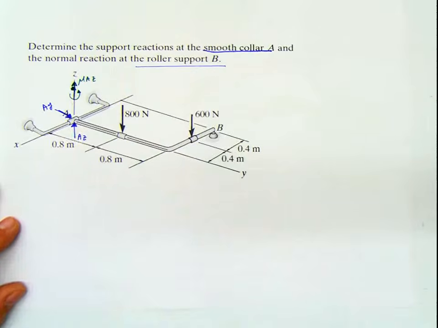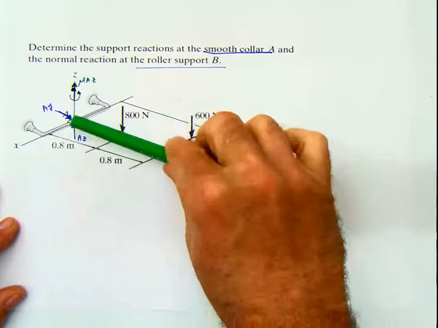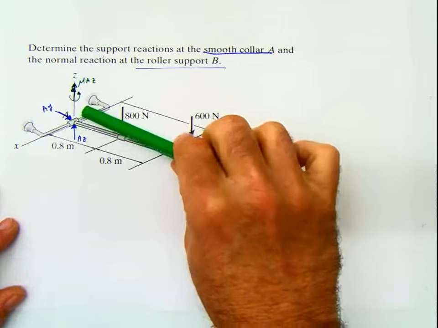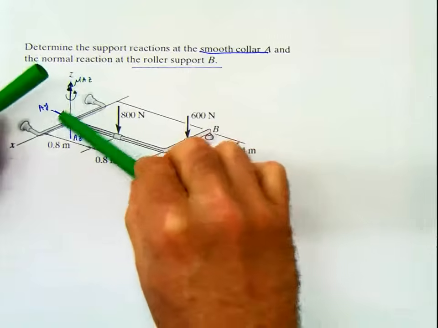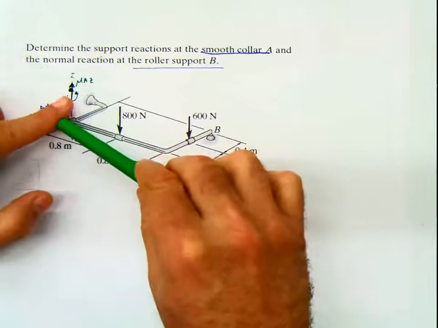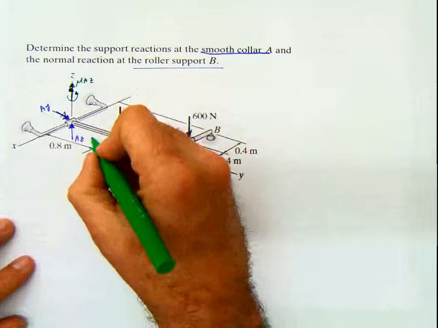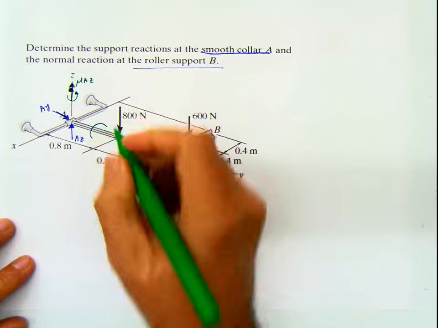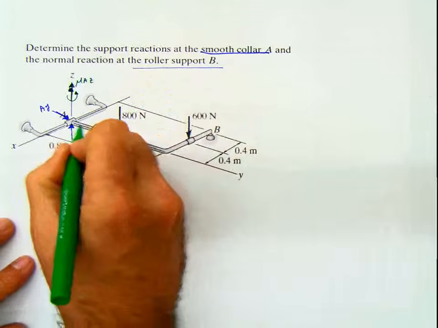Z. And what about Y? Can this rotate like that? No, it can't, because basically what the structure is this, and this portion is preventing this from doing that. So I'm going to have also a moment going in this direction, going outside.